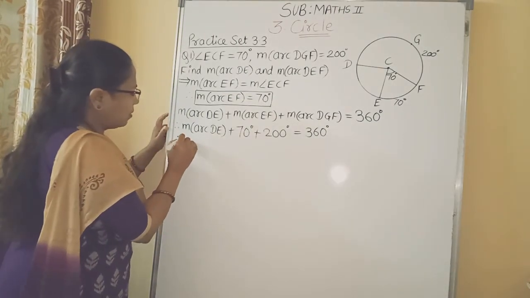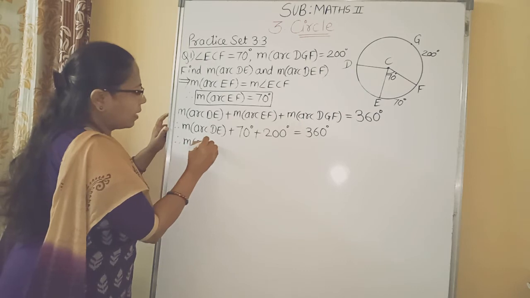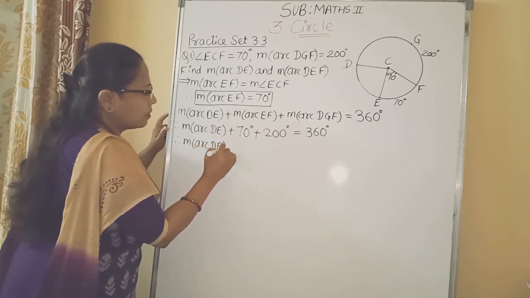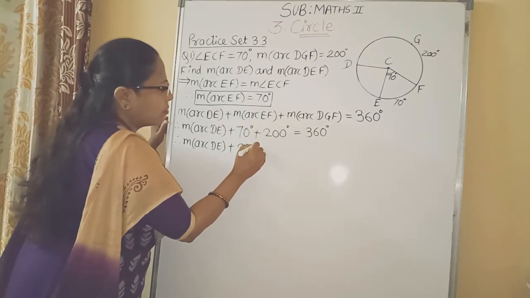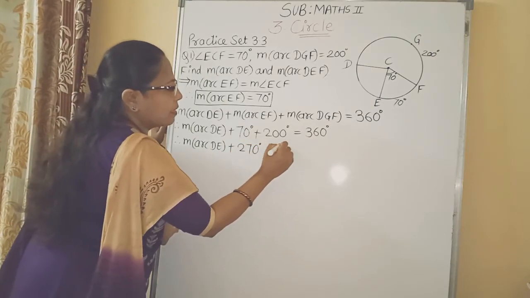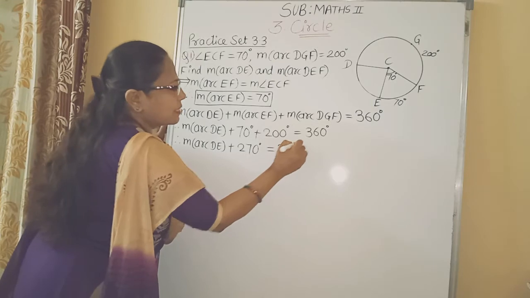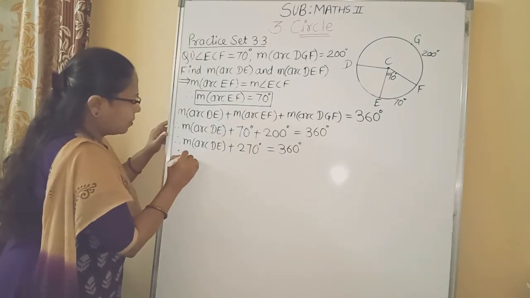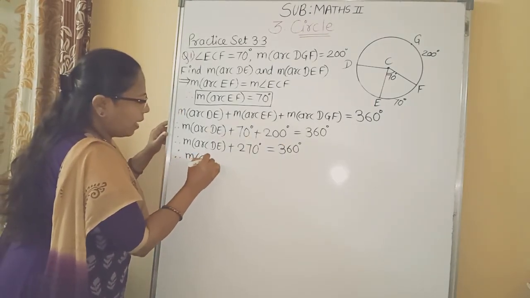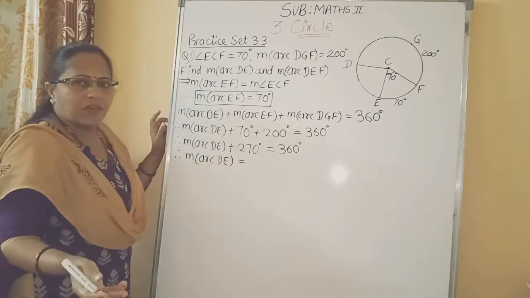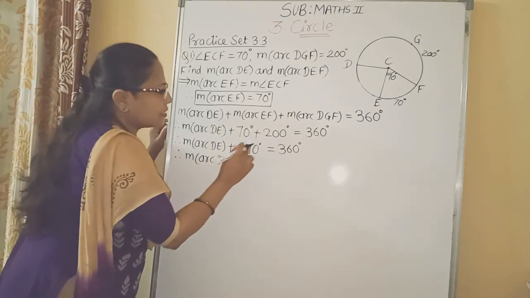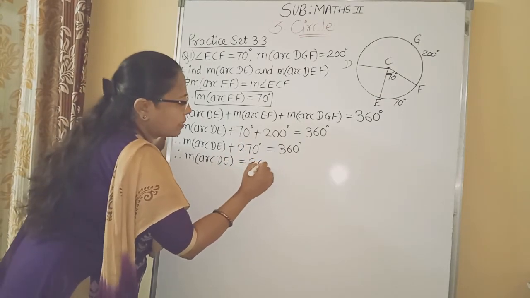Therefore, measure of arc DE plus 70 plus 200, 270 degree, equal to 360 degree. Therefore, measure of arc DE is equal to, like simple equation we have to solve, 360 minus 270 degree.